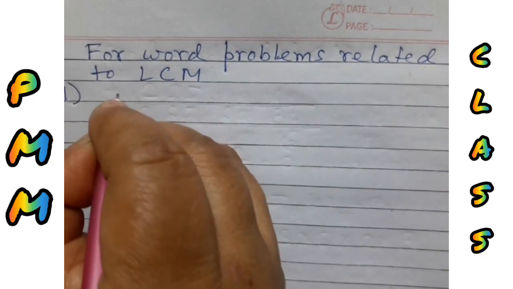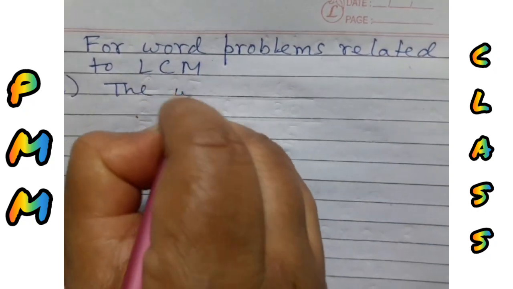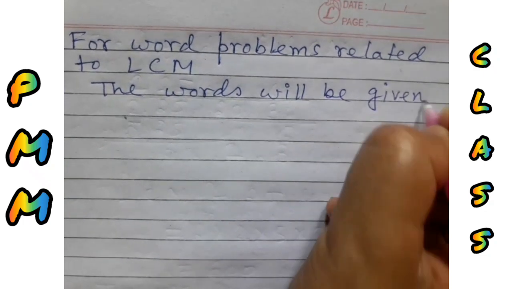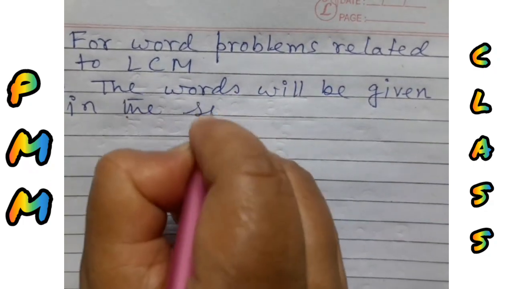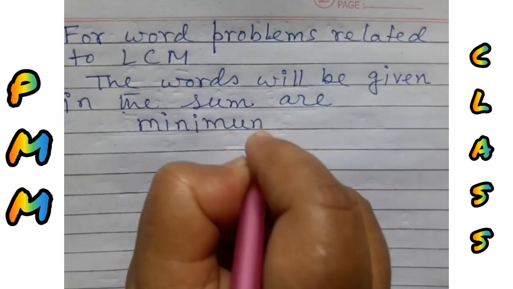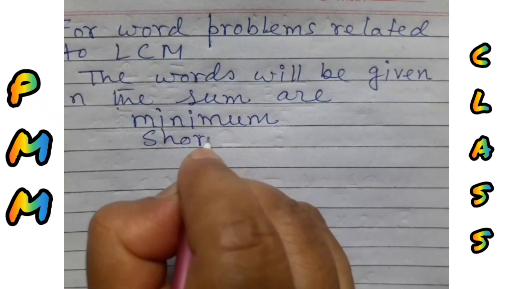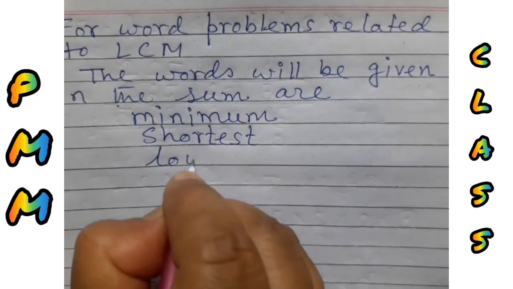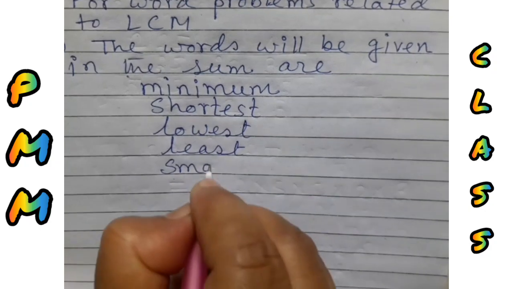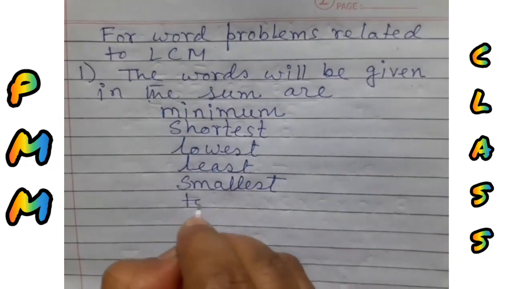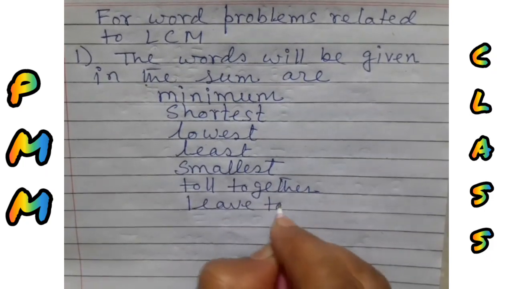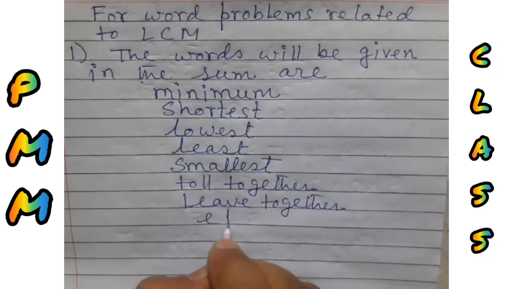First point, whenever we read the sentence, the words that will be given in the sum are minimum, shortest, lowest, least, smallest, told together, lived together, etc.